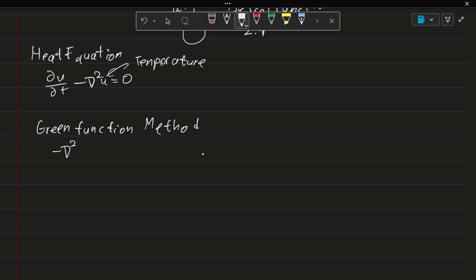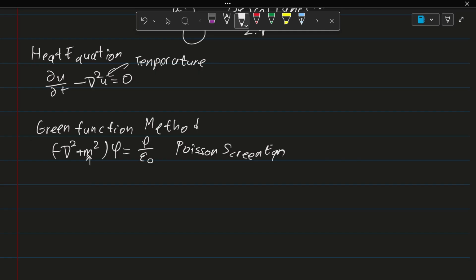If you have negative Laplacian plus m squared of, let's say, phi equals rho over epsilon 0, this is what we call the screened Poisson equation, in which it is describing a charge screened by something, having the factor of m here.